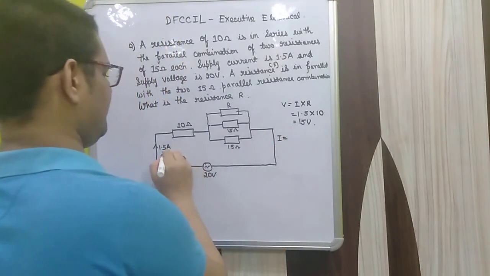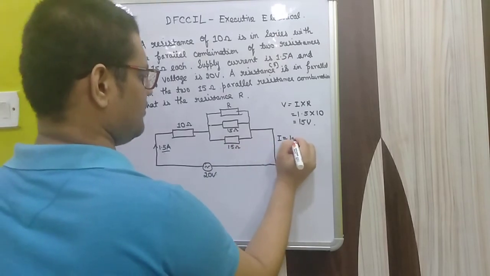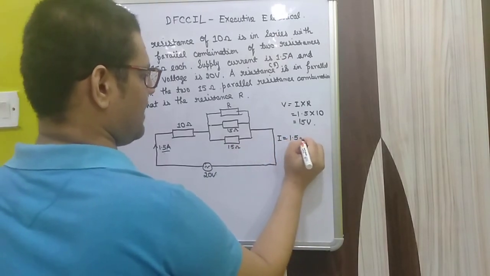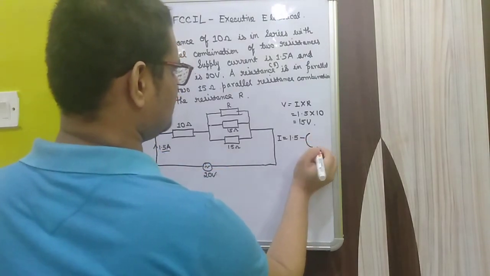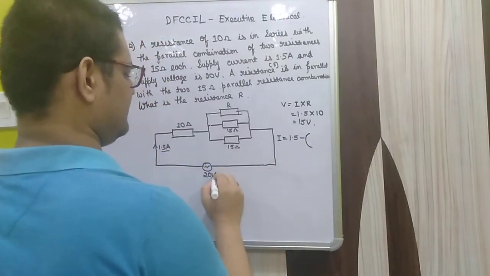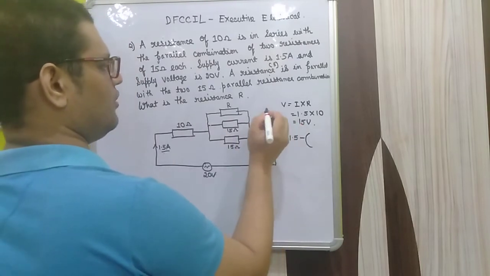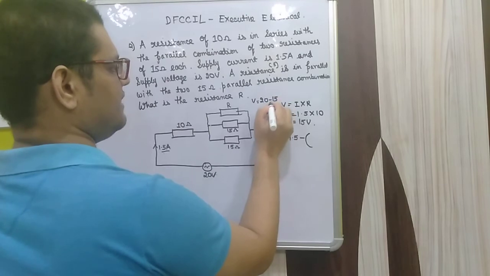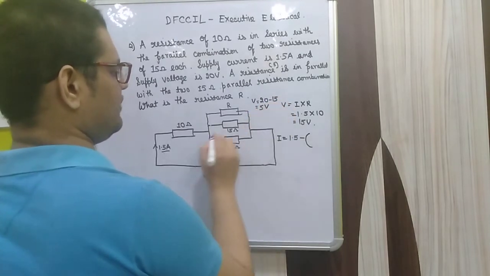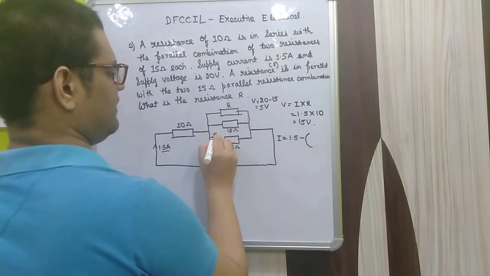Now we take the two voltages, one is 20 volt and the other is 15 volt. So 20 minus 15 is equal to 5 volt over here.